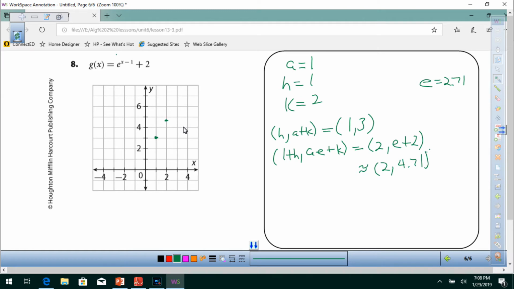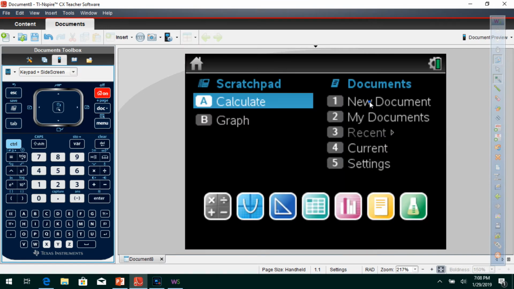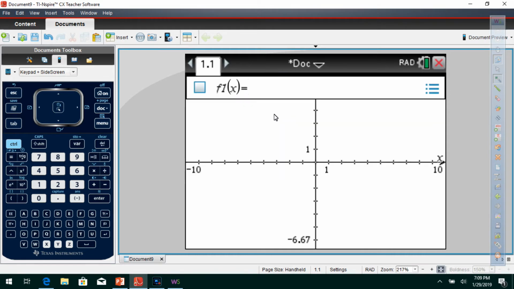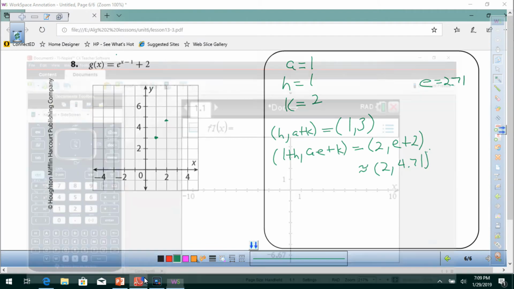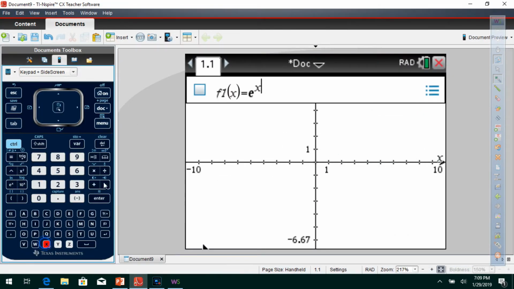Now, did we get a new horizontal asymptote? I'm not sure. Let's try. Let's see. On a new document, graphs, and then what was our equation here? We had e to the x minus 1 plus 2.